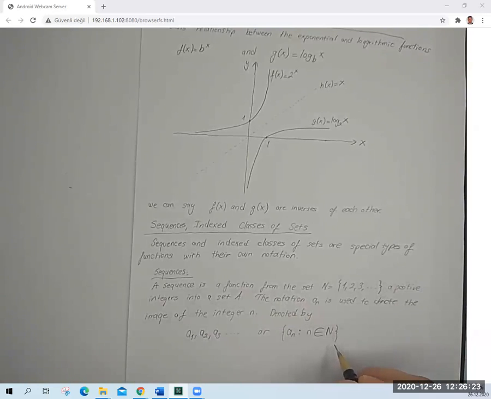That one is also possible. Or basically, we can write A sub n. This is also a representation of the sequence.